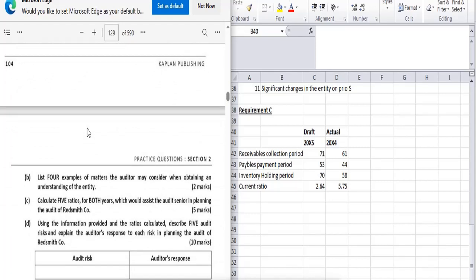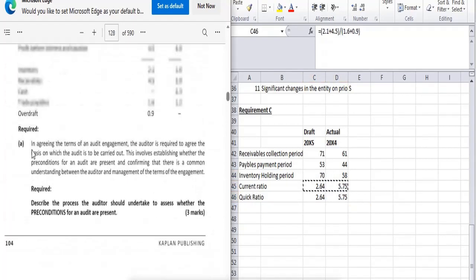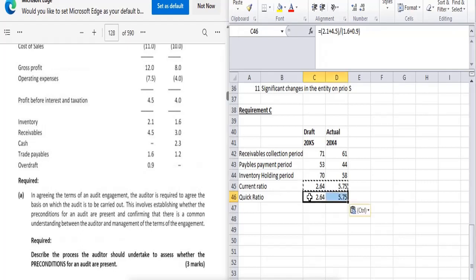The question has asked to calculate 5 ratios, so one we can add is the quick ratio here. So these are the 5 ratios which the question has asked.